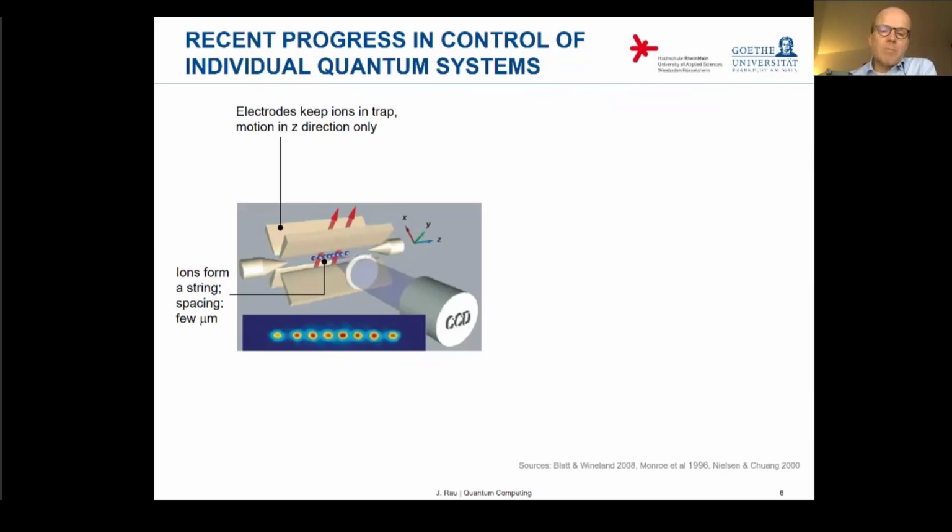So they form a string, and the spacing is typically a few micrometers.